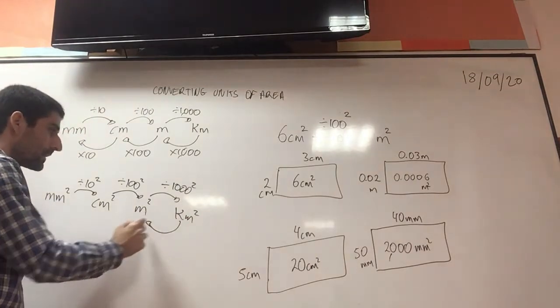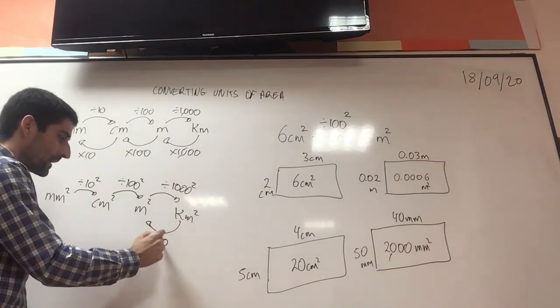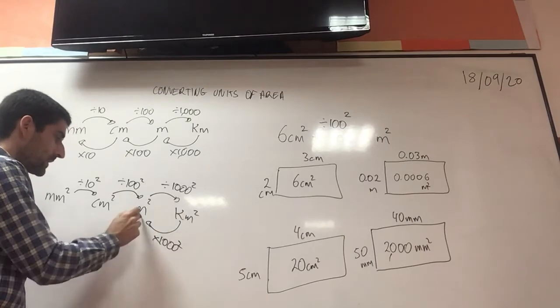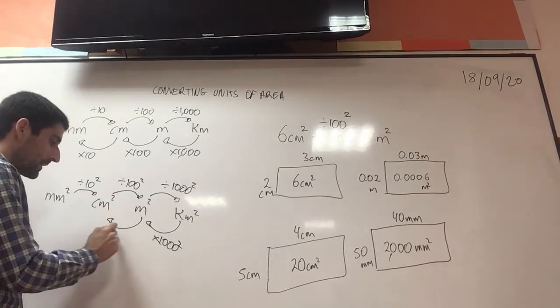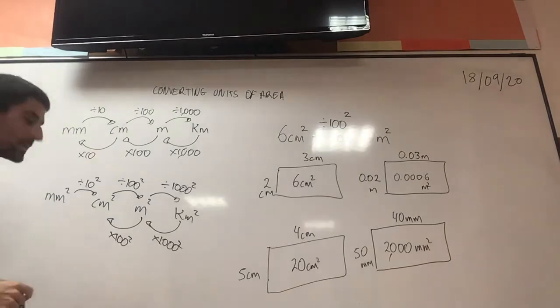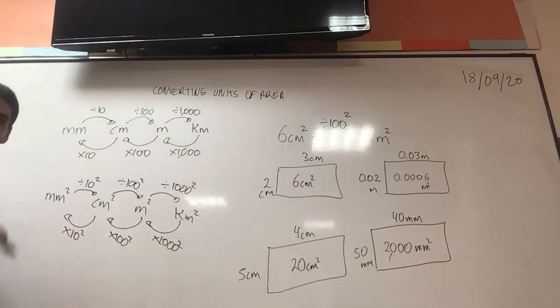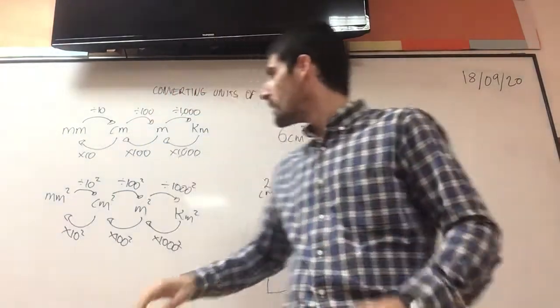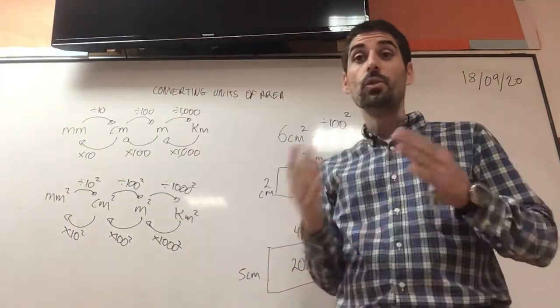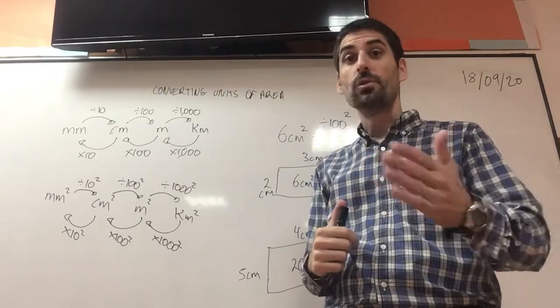And when I go back, the opposite: multiply by 1,000 squared, multiply by 100 squared, multiply by 10 squared. Now, all of these conversions you need to know. They are not given to you in the exam.